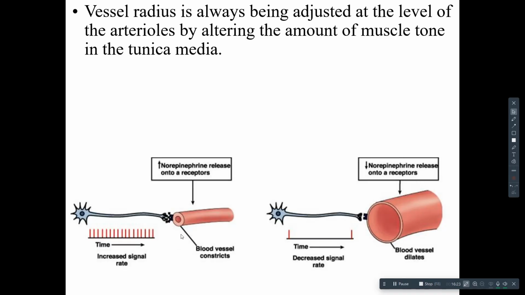I can adjust the amount of muscle tone in my tunica media by releasing more or less norepinephrine, which we see here, or by adjusting the levels of local chemical controls, and I can get a quick change in resistance by changing radius, and therefore get a quick change in flow.